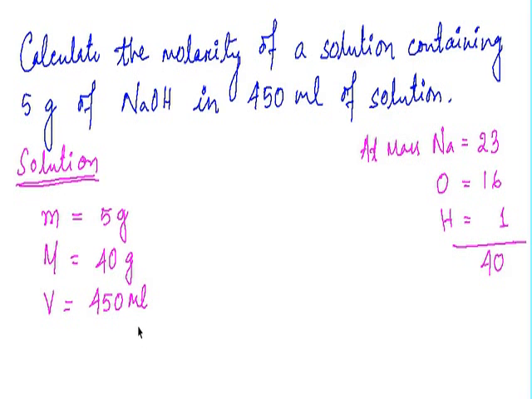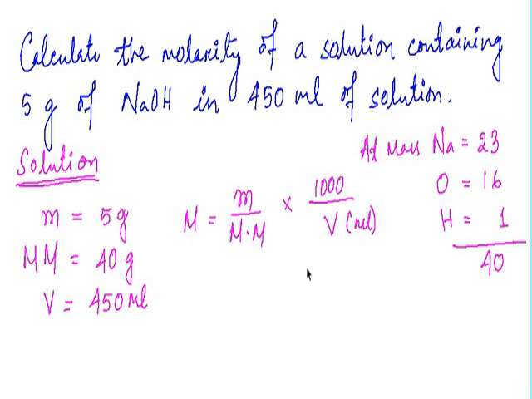So here one thing, I can convert the 450 to liters and use it, or I can use the formula that we discussed, that is the molarity is equal to m by molecular mass of the solute into 1000 divided by volume of the solution in ml. So now we have M is equal to 5 grams divided by molecular mass, that is 40, multiplied by 1000 divided by 450, which is the volume given to us.